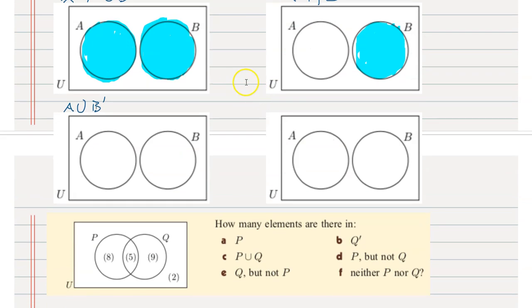So all this is simply asking is A and everything outside of B. But no, it is the union, not the intersection. So it's everything excluding B. So it would look like this.